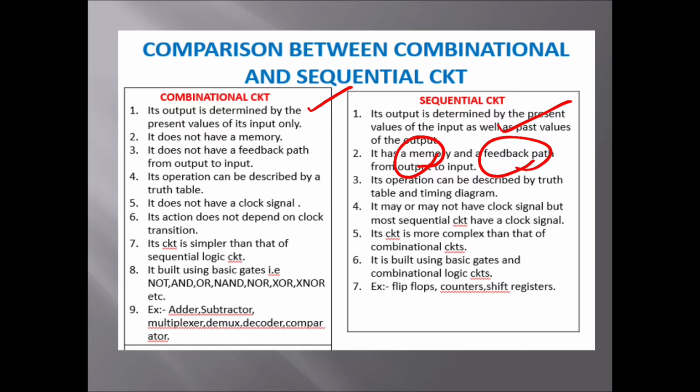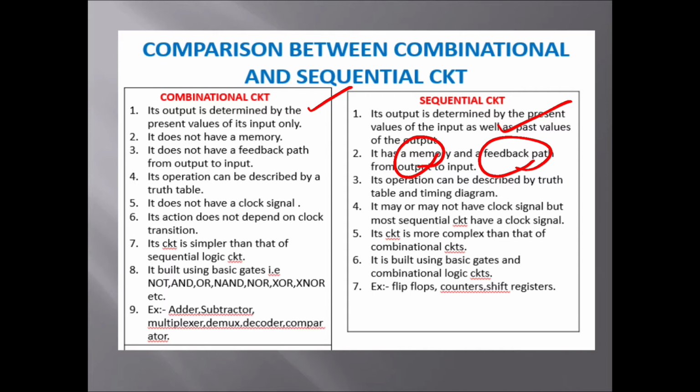Operations in both combinational and sequential circuits are defined by the truth table. In a combinational circuit there is no clock signal, while in a sequential circuit it may or may not have clock signals, because it is of two types, synchronous and asynchronous.